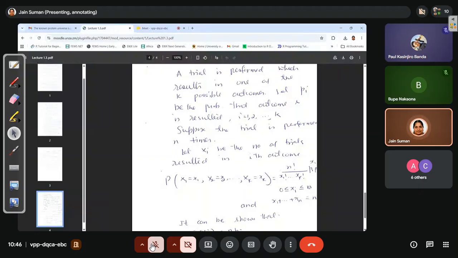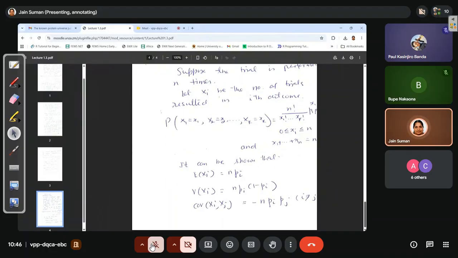You can think of these conditions as I did before, and generalize yourself, because it will be p1 to the power of x1, p2 to the power of x2, p3 to the power of x3, and so on, pk to the power of xk. So you can write the generalization very easily. And from the trinomial distribution, finally, you have k discrete random variables here.